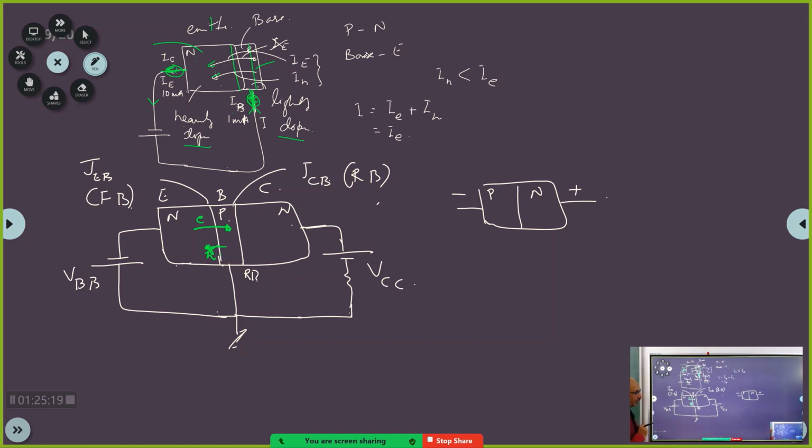It will increase the depletion region and oppose the flow. Anything else? Correct, it will act like an open circuit.